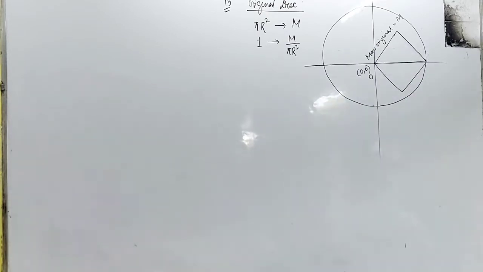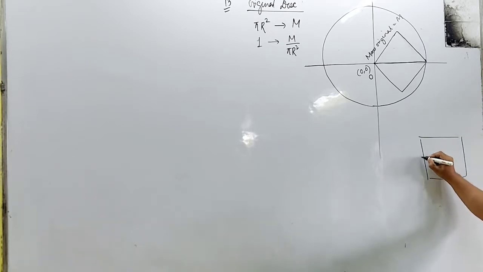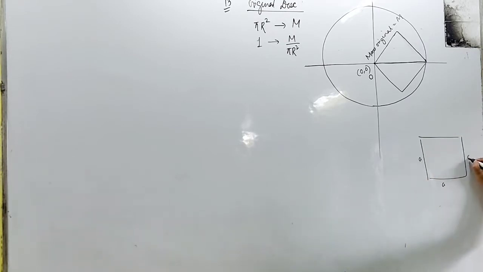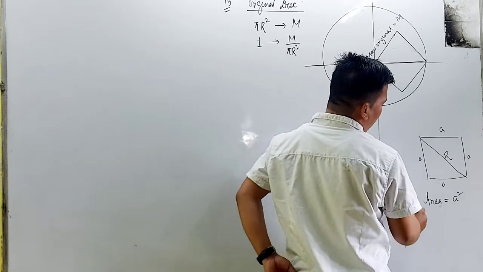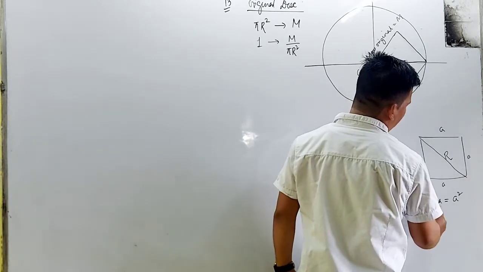If the square has side a, its area is the square of the side, a square. The diagonal is given as r, so we will have r equal to root 2 a.